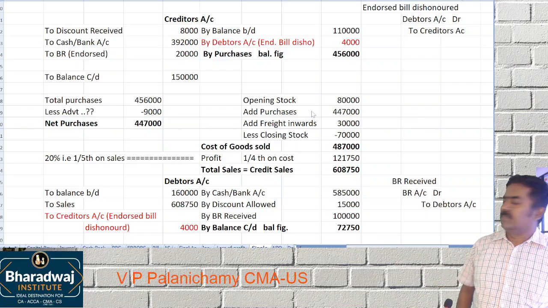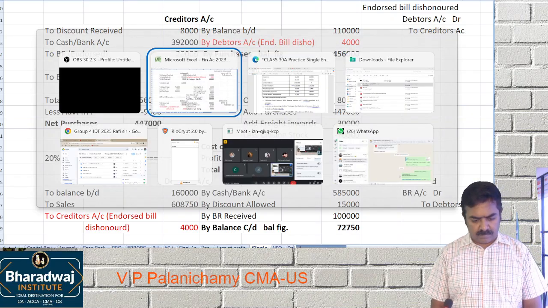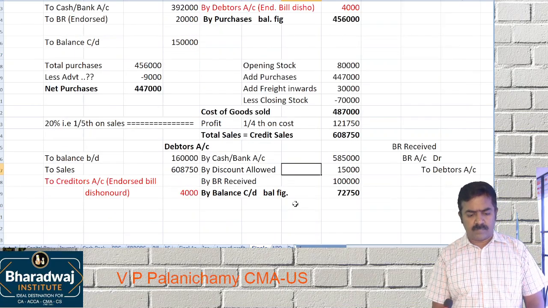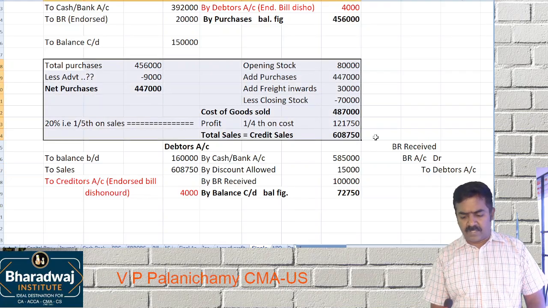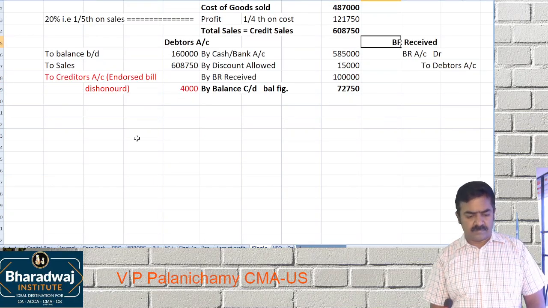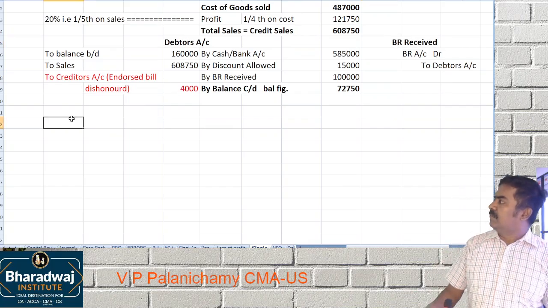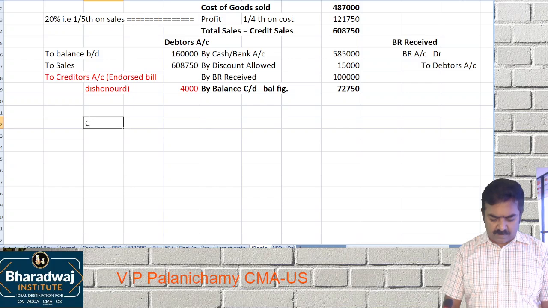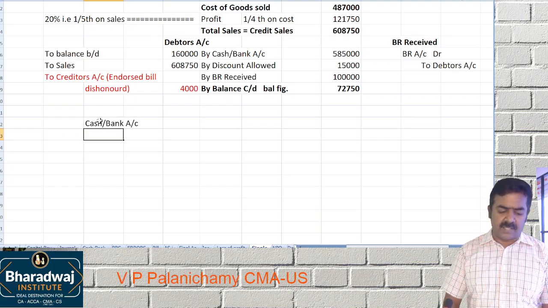Is it over? Sir, one moment, sir. Up to this working you have taken, up to the credit sales working. Yes, sir. Which account do we need to do? Start. Combine the cash and bank account only, because we are not given details separately about cash and bank balances.